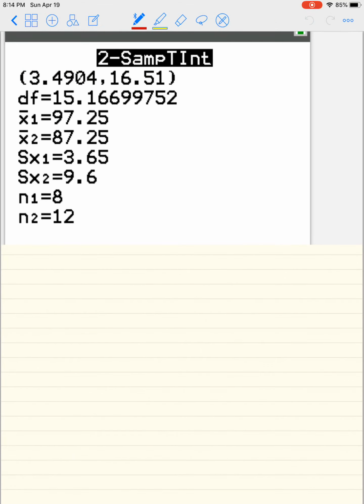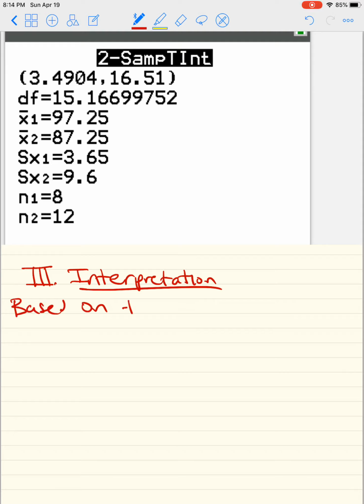So now we get to our interpretation. Now this is the important part for the interpretation, okay? Because it's 2 samples, we need 2 sentences. The first sentence is, based on these samples, okay? Stay with me.